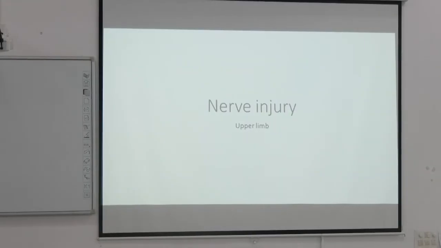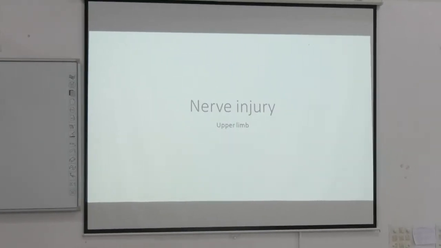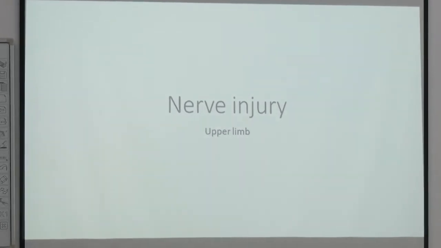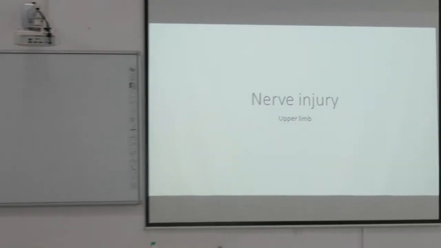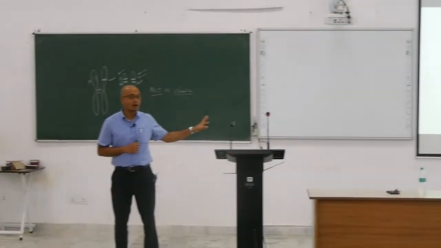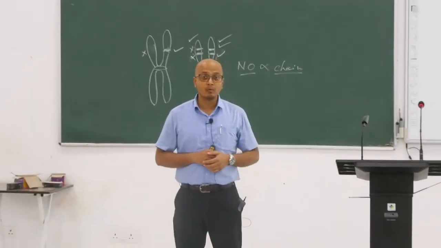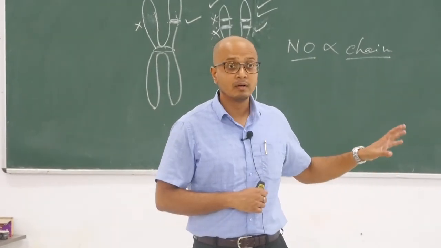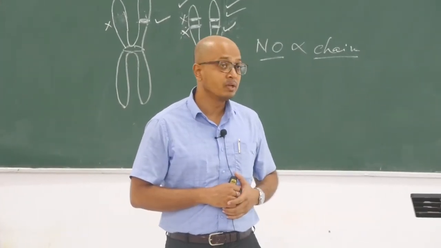Thank you. From the brachial plexus or individual nerves, the injuries, how to decode the injuries, where the problems are, and these are also the clinical stuff. That means in your clinical life, you are going to experience these clinical problems based on these nerve injuries.